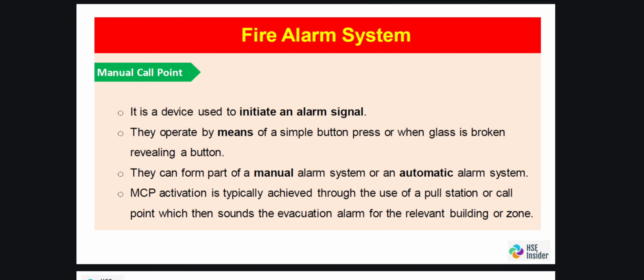They operate by a simple button push, or when a glass is broken revealing a button. They can form part of a manual alarm system or an automatic alarm system, and it is better to connect with automatic alarm systems. MCP activation is typically achieved through a pull station or call point, which then sounds the evacuation alarm for the relevant building or zone where it is installed.